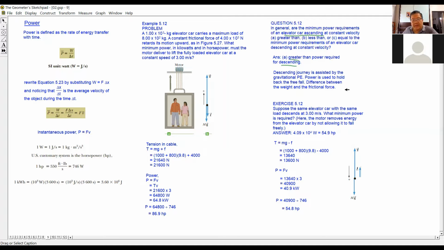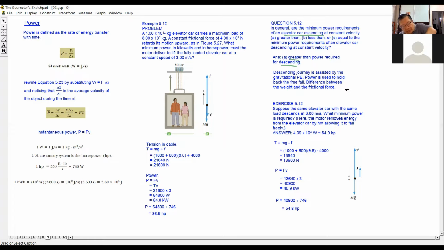The elevator is moving down at maybe acceleration or constant velocity. Let's say it's accelerating downward, but less than 9.8 meters per second squared. It means that the cable has to pull back the load to prevent it from falling down freely. So you have to hold back the load.